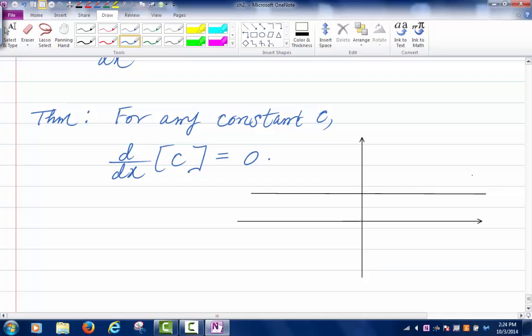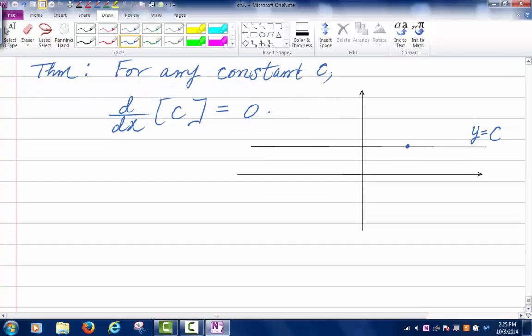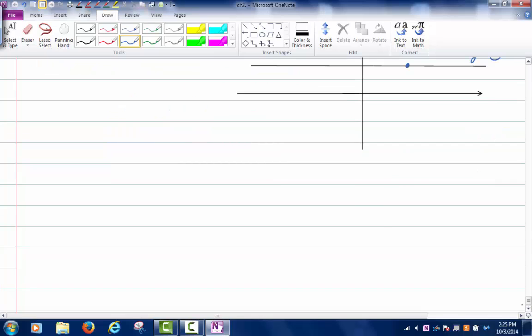So let's say this is the graph of the constant function c, then what's the slope of the tangent at any point? The slope of the tangent at any point is 0, right? Because it's a horizontal tangent. And so the derivative everywhere should be 0. So for any constant function c, the derivative must be 0.